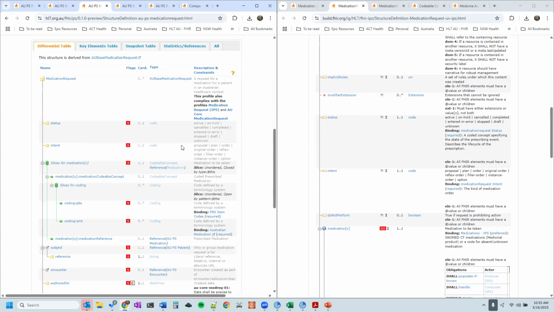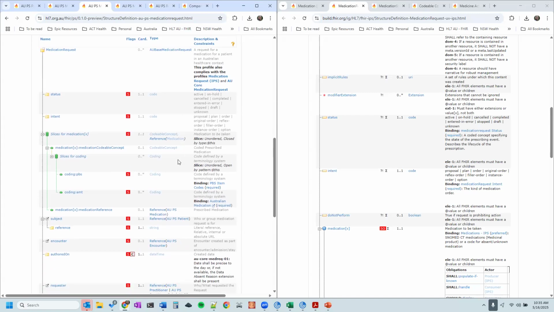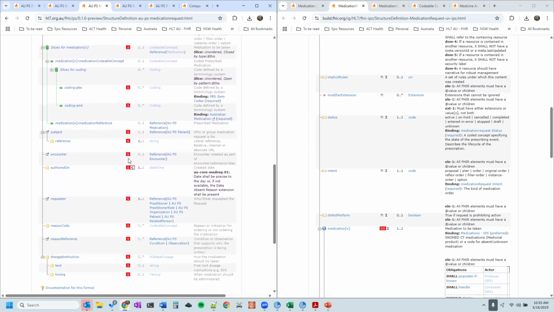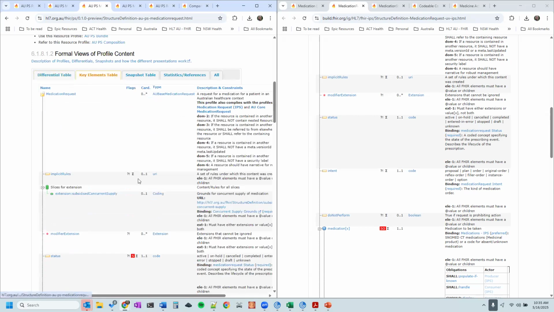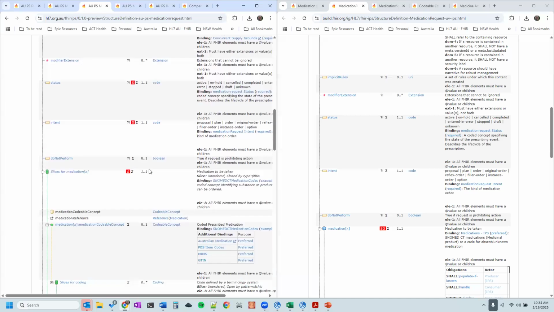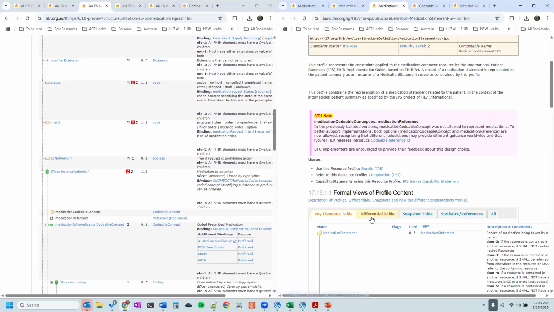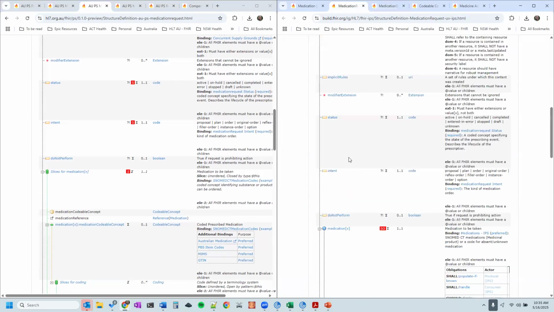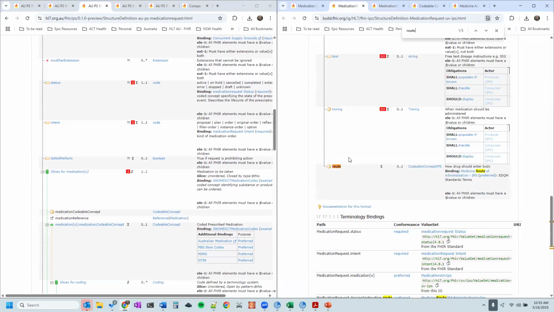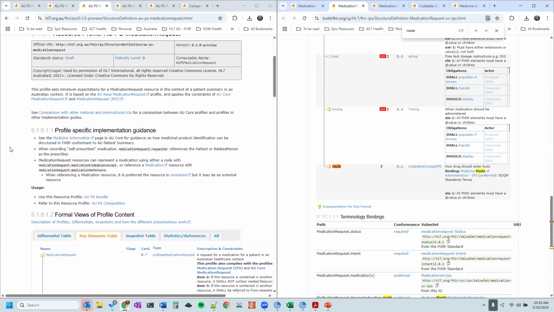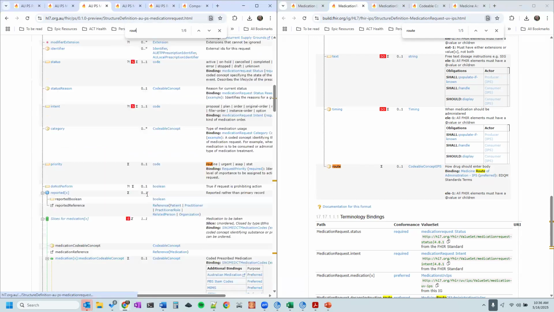Well, Andrew, I think just the discussion we had on the previous profile, route here kind of falls into the same bucket where we don't require it in AU core, but we do have an AU based binding that's preferred. So you might consider strengthening that one too.